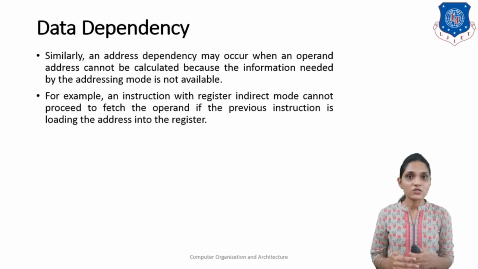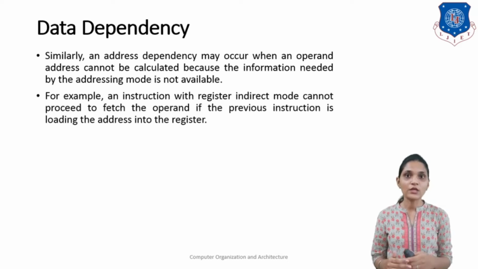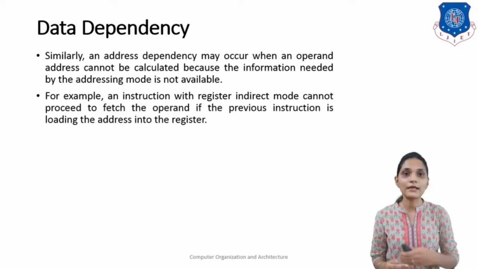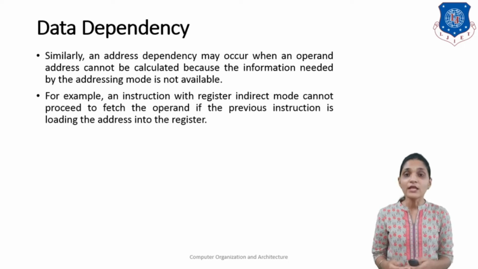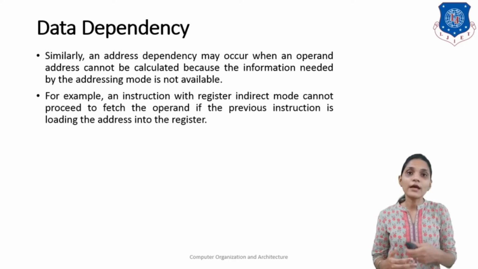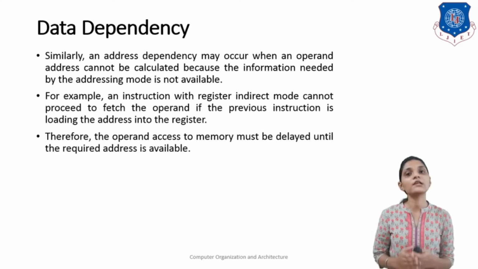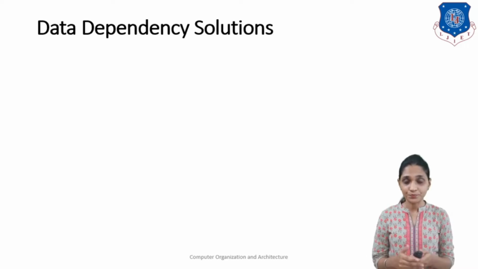For example, an instruction with a register indirect mode cannot proceed to fetch the operand if the previous instruction is loading the address into the register. When the previous instruction loads the data into that register, only then can you use that register in the next instruction as an indirect addressing mode. So that depends on the execution of your previous instruction. Therefore, the operand access to the memory must be delayed until the required address is available.